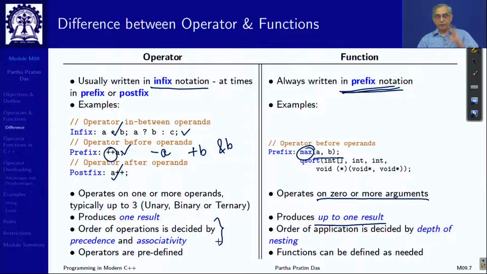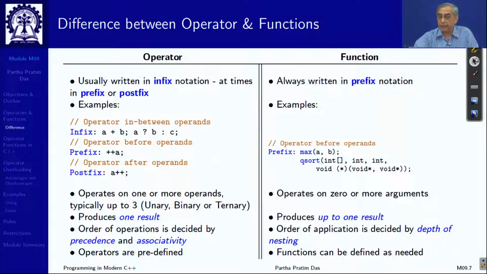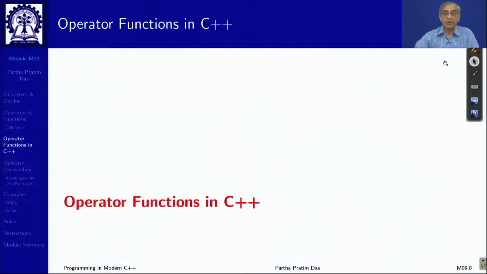We all know that, BODMAS rule and so on. But in a function, it is the depth of nesting. The innermost function is called first, then the next layer, then the next layer. So, it is the depth of nesting of calls which decides the order in which you will evaluate. And finally, operators are predefined, whereas functions can be defined as we wish. So, these are the basic differences, and it will soon become clear why we are talking about such a topic.